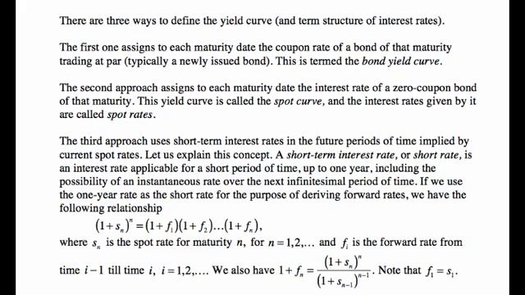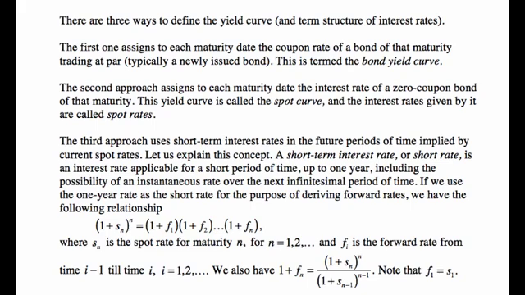And because this yield curve assigns to each time in the future the yield of the bond, it's called a bond yield curve. The second approach assigns to each maturity date the interest rate of a zero coupon bond, so no coupons this time, with that maturity.